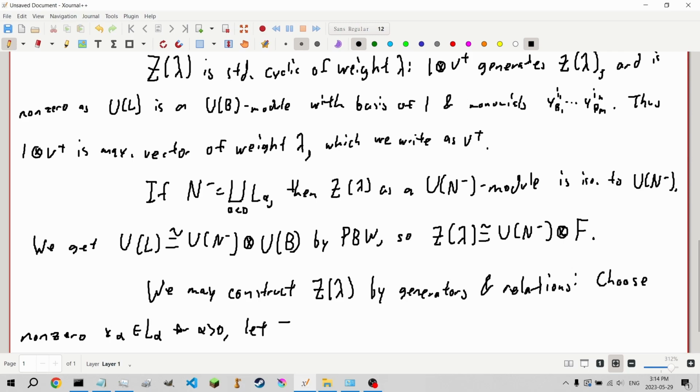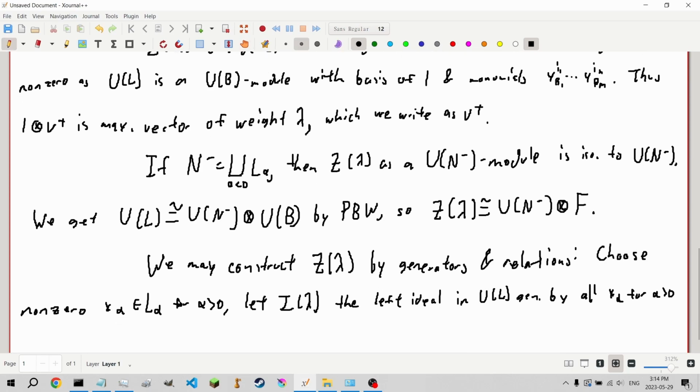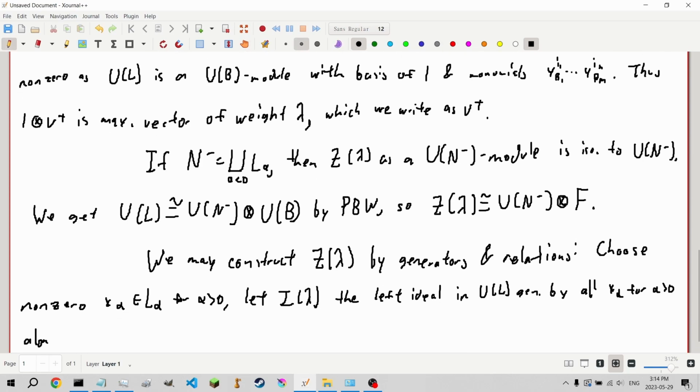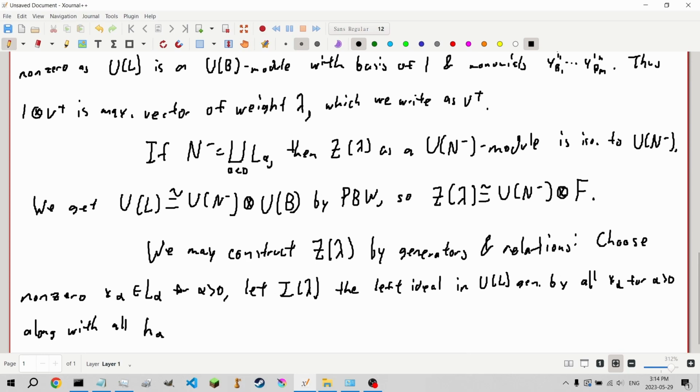And we're going to let I lambda be the left ideal in the universal algebra of L, generated by all x alpha for alpha positive, along with all h alpha minus lambda h alpha acting on 1 for alpha being a root.